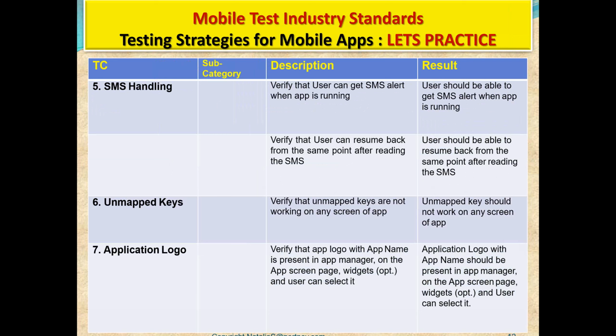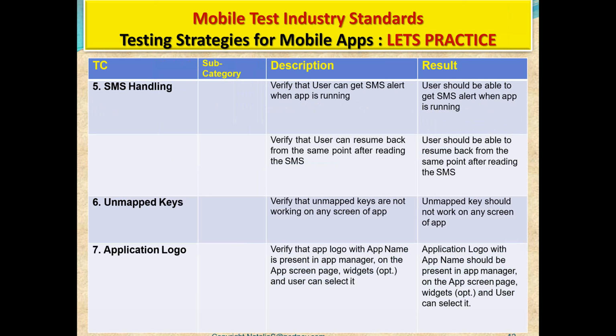All your keys on your app, if they're active, should have the same colors, or if they're unmapped, they should be grayed out, not to trick the users into believing that there is something that should be working.